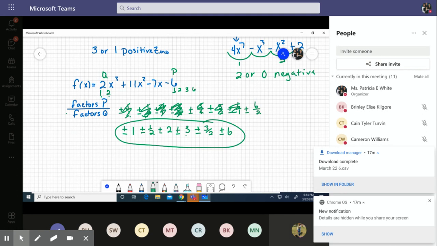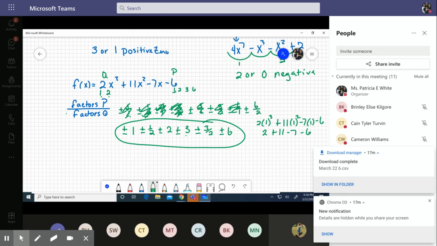So I'm going to say 2 times 1 to the third plus 11 times 1 squared minus 7 times 1 minus 6. And I'm looking for somebody to come out as a 0. So I would have what? 2 plus 11 minus 7 minus 6.